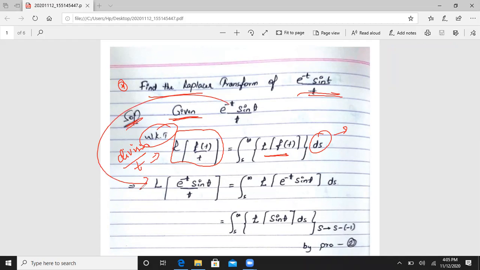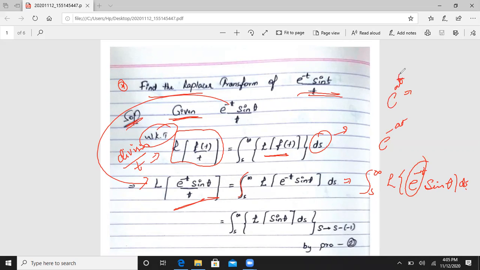It is Laplace transformation of e to the power minus t into sin t divided by t is equal to the integration from s to infinity of the Laplace transformation of the remaining function, that is e to the power minus t into sin t, with respect to ds. And you already know e to the power minus a t.